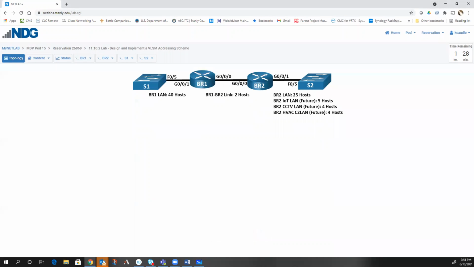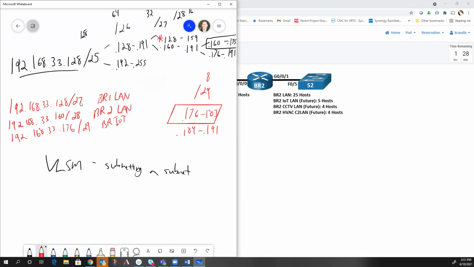But we have to be careful when we ask them to do subnetting questions, especially VLSM questions, because the actual IP addresses they pull out may not match exactly what we have put on our grading sheet. But as long as they match the correct / notations, then we're okay.